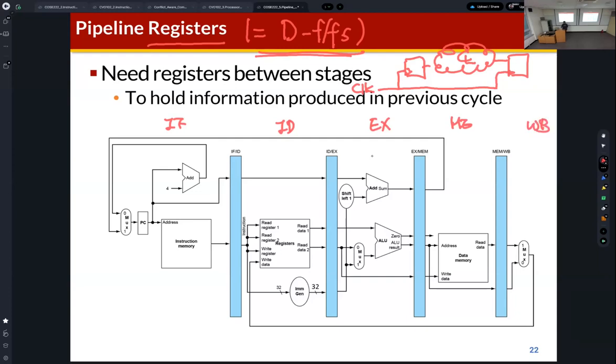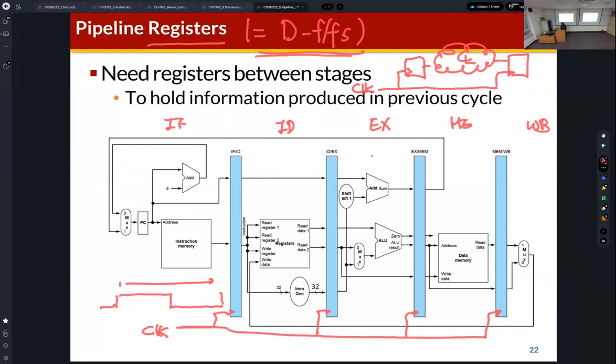These are actually flip-flops, so the same clock signal is connected like this. So it's the clock. What does that mean? This is the clock signal, and this is the clock period.